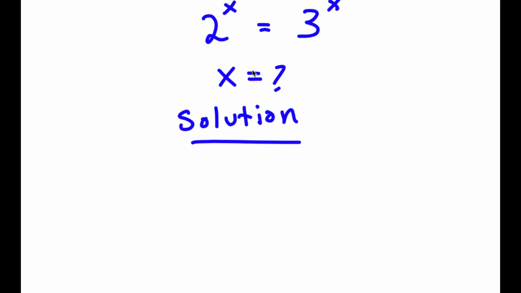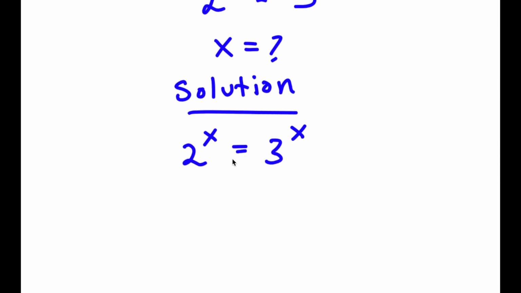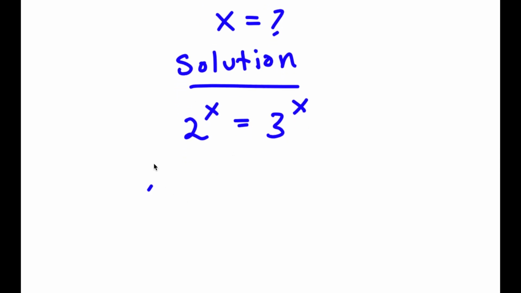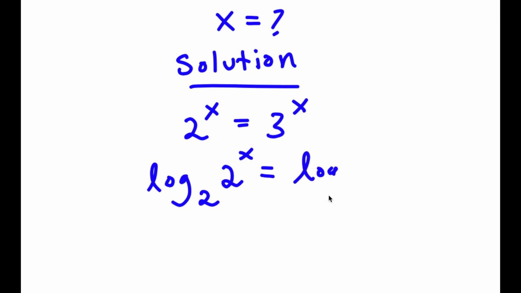I'm going to first start by writing 2 to the power of x is equal to 3 to the power of x. And I'm going to take the log base 2 on both sides. So now I have log base 2 of 2 to the power of x is equal to log base 2 of 3 to the power of x.